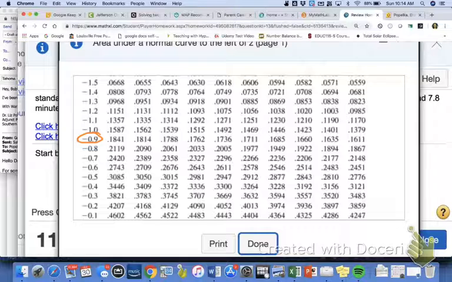The top of the chart is kind of cut off, but the charts look like this across the top. Since I'm looking for 0.90, I didn't have anything that came after 0.9, so I'm going to go to this section of the chart under 0.00. And I'm going to see that 0.1841 is the amount of space to the left of negative 0.9 on the normal curve.